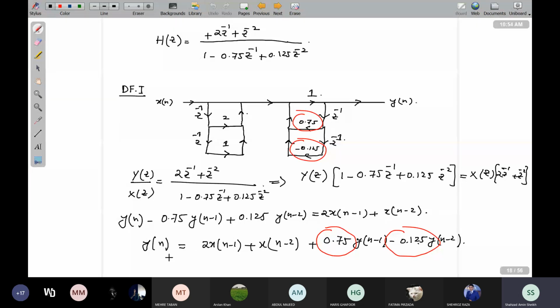And in standard form, if you write it in the form of y of n, that would be 2x of n minus 1 plus x of n minus 2 plus 0.75 y of n minus 1, because now this negative is going there and becoming plus 0.75 y of n minus 1, and negative 0.125 y of n minus 2. And look at the signs now. Now the signs are similar to how they appear in your difference equation, but they are opposite to how they appear in your transfer function.